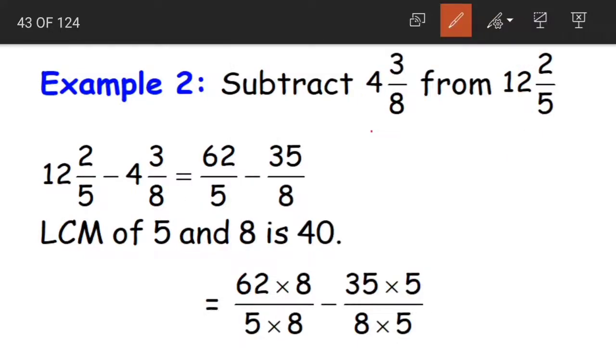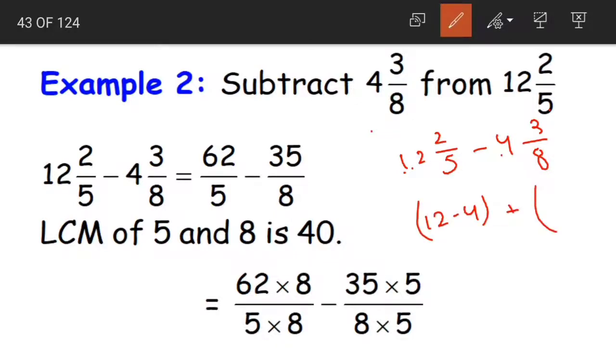So in the same way, let us do this problem in that method. 12 2 by 5 minus 4 3 by 8. First subtract the whole numbers and then add them to our difference of fractions. 12 minus 4, do this separately, and 2 by 5 minus 3 by 8, let us do this separately.